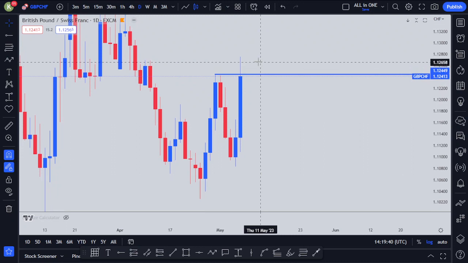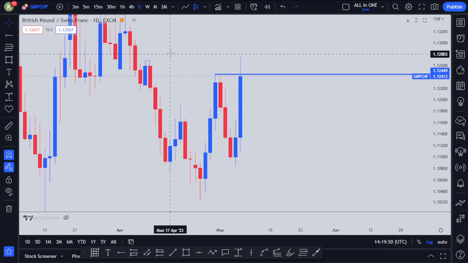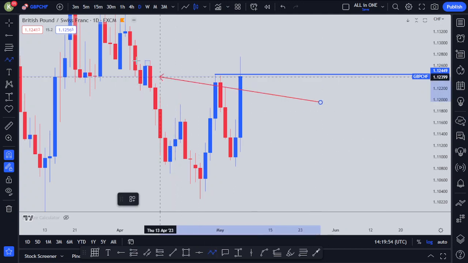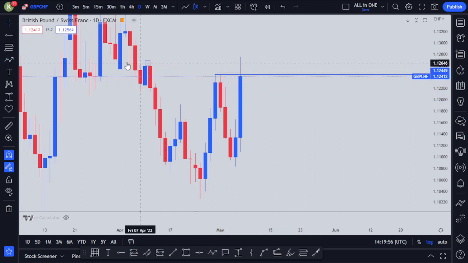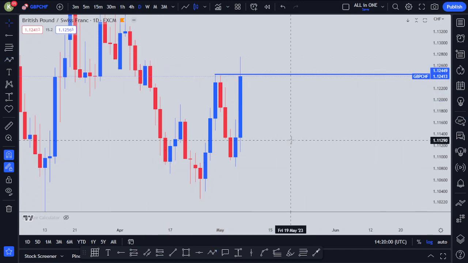So it means, and remember this high that we see over here, these guys, they are all liquidities. Why? Because they are daily old highs. So we have enough reason to look for sell.